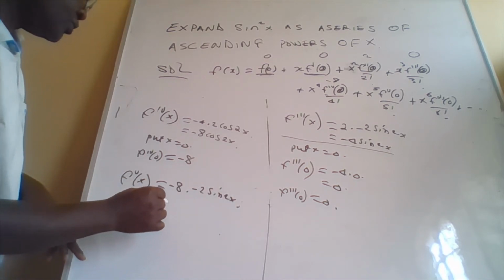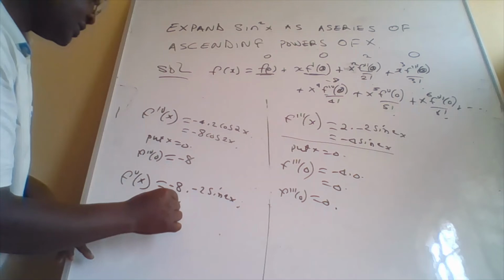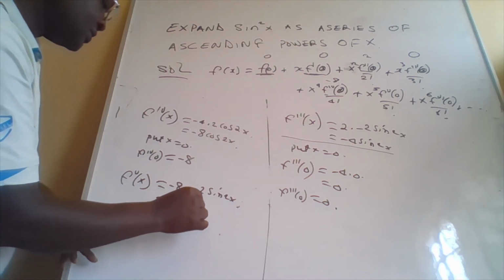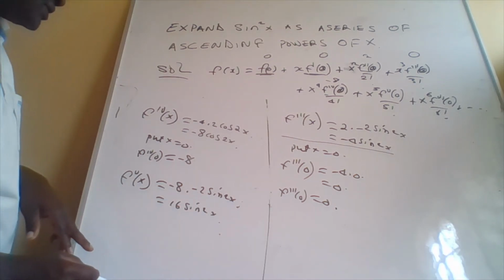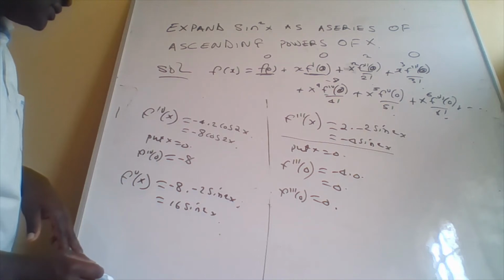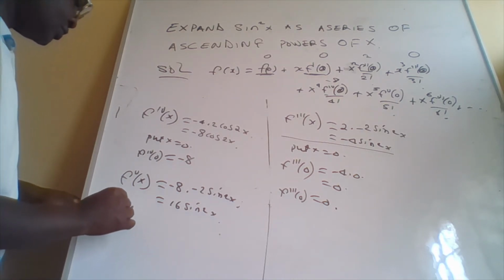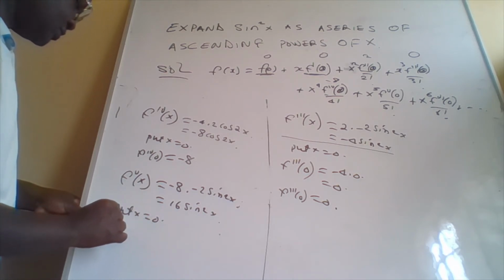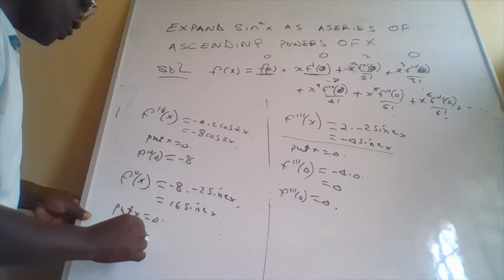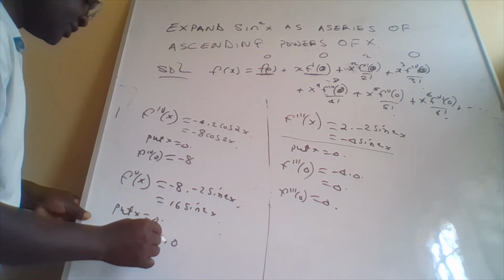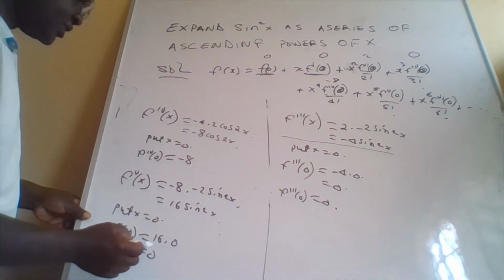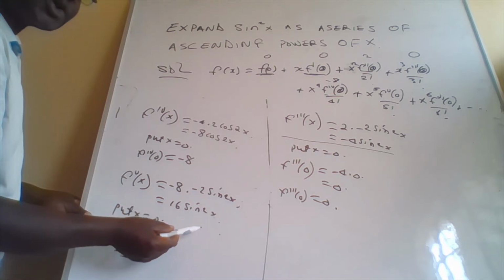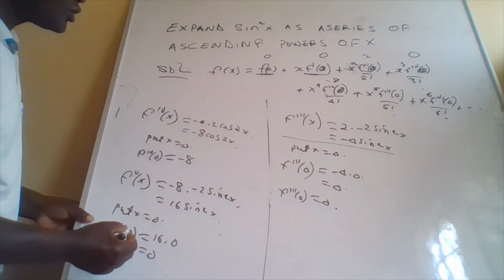This equals 16 sine 2x. And then we put x equals 0. So we have 16 times 0, which equals 0 because 2 times 0 is 0, sine 0 is 0. So this one is 0.